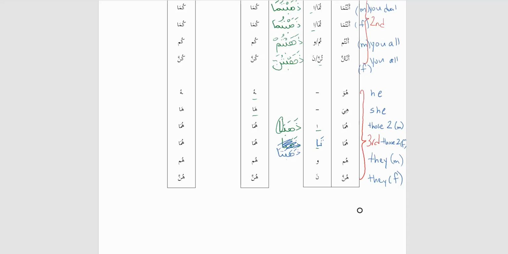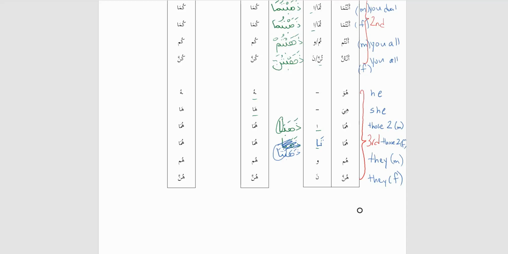That's what this dual is. So that's incorrect. I made a correction here. So just change the alif to a ta. That is a damir muttasil attached to the dhahaba, referring to a feminine dual third person, while this is referring to a masculine dual third person.